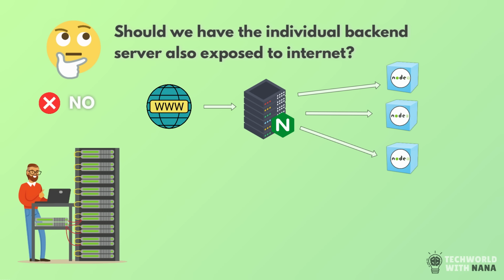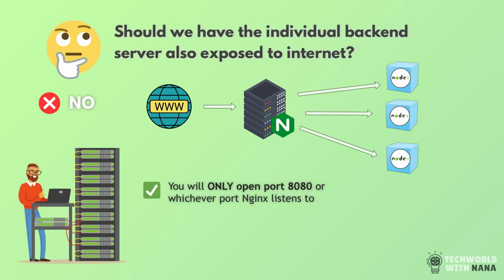And on that server, you will simply open port 8080 where the Nginx server will be accessible. And all other ports on the server, including where the backend applications are running, will not be publicly accessible. Only internally for Nginx to route traffic to them.